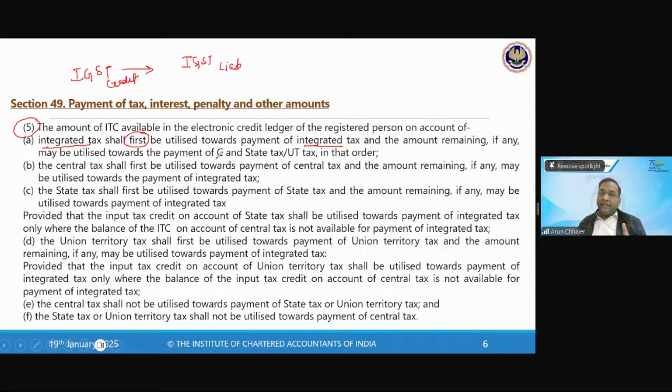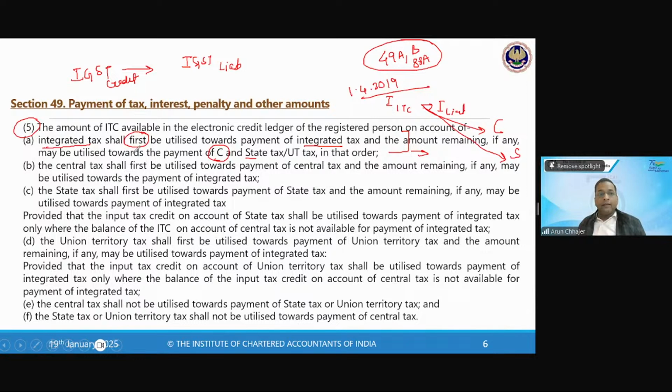And whatever the remaining amount, if any, it can be used for C or S in that order. This was the requirement initially. Absolutely correct. It is same as on current date. Then C and then S. It was the order. But from 1st April 2019, that order has been changed by Section 49A, 49B, Rule 88A.